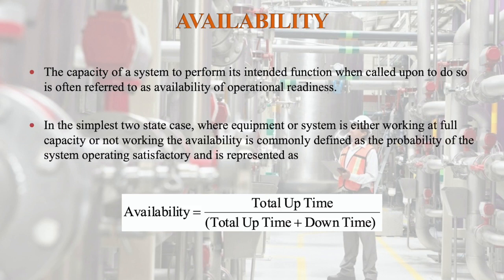In the simplest two-state case, where equipment or system is either working at full capacity or not working, availability is commonly defined as the probability of the system operating satisfactorily and is represented as availability equal to total uptime divided by total uptime plus downtime. So that is known as the availability.